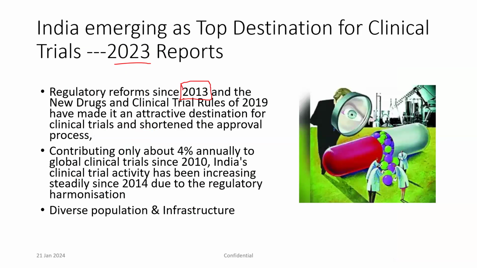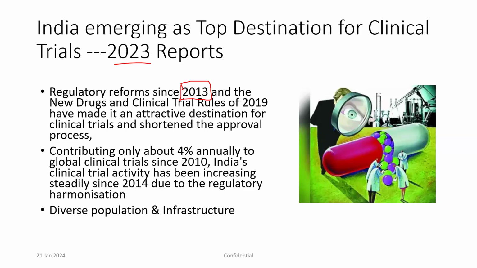So what happened in 2013? Before 2013, the Supreme Court of India banned clinical trials in India. I'm repeating, the Supreme Court of India banned clinical trials in India. Someone challenged the government of India and the total regulation, saying this is not protecting patients.